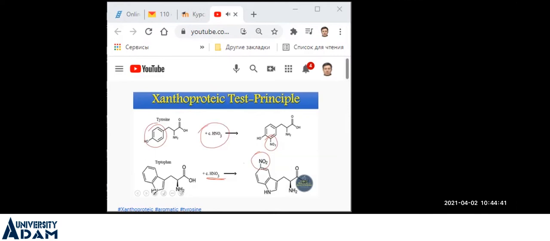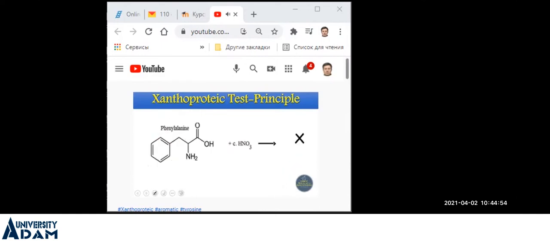As a result we get a nitro derivative of the amino acid, which has a yellow color, and that yellow color we observe in the result. In phenylalanine, the benzene ring is non-reactive, a non-activated benzene ring, so it is not going to undergo nitration and gives a negative result.